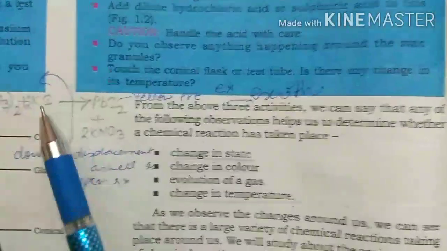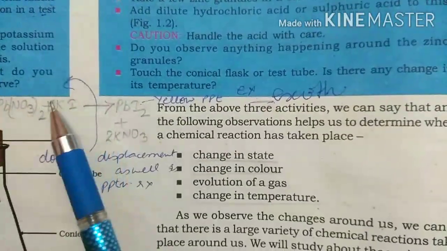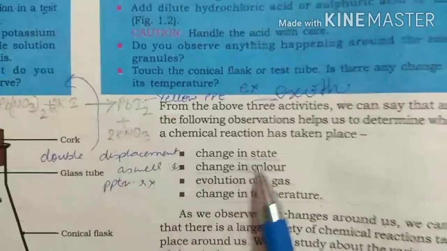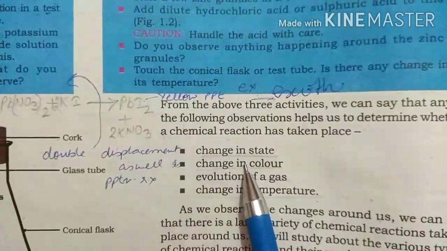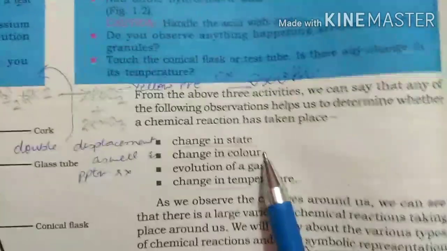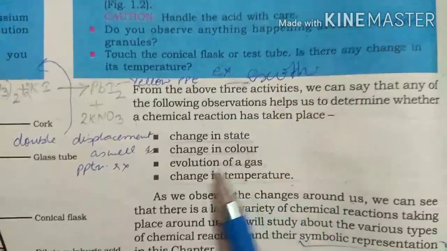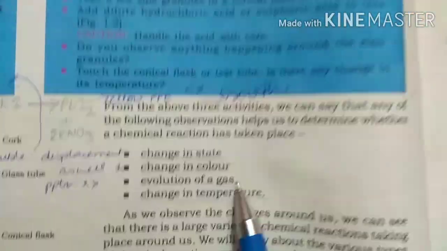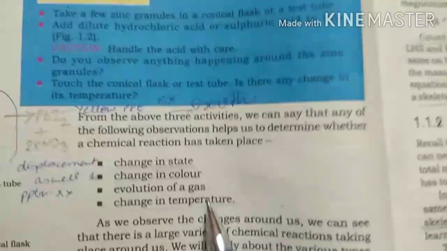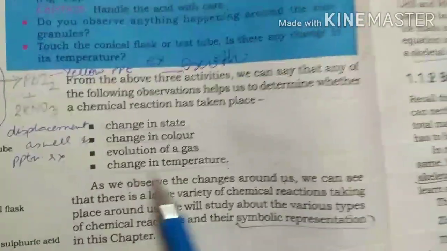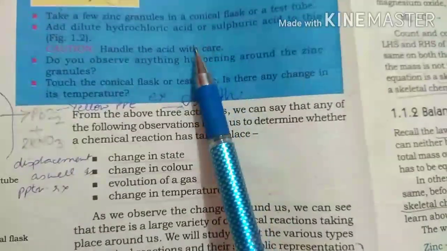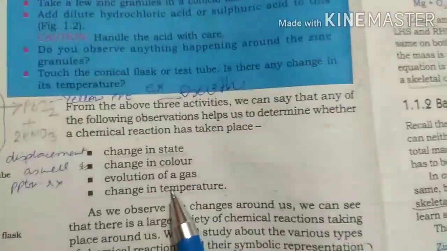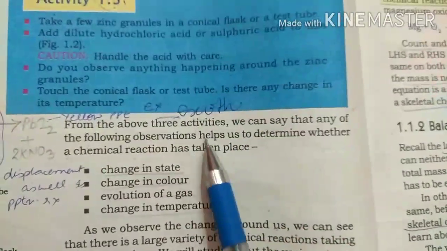Same example is here. Both the solutions were transparent and the product was of yellow color. So change in color also indicates chemical reaction. Evolution of gas, this same activity. Hydrogen gas was evolved. Then change in temperature, again same example. So that reaction was exothermic.